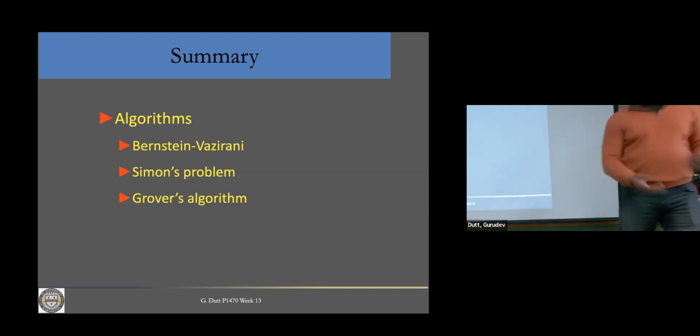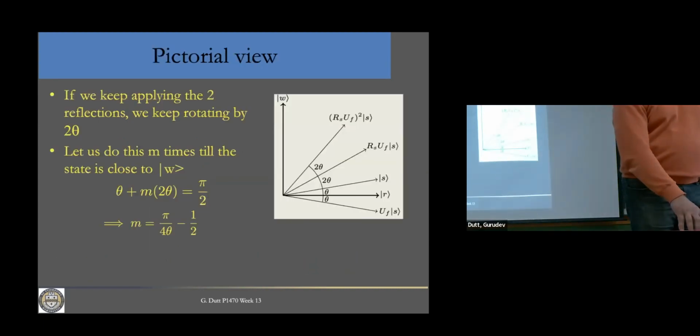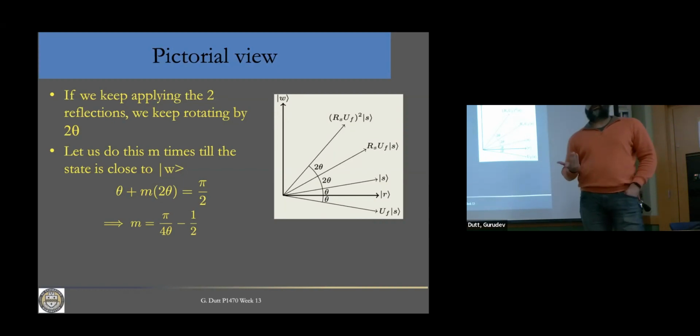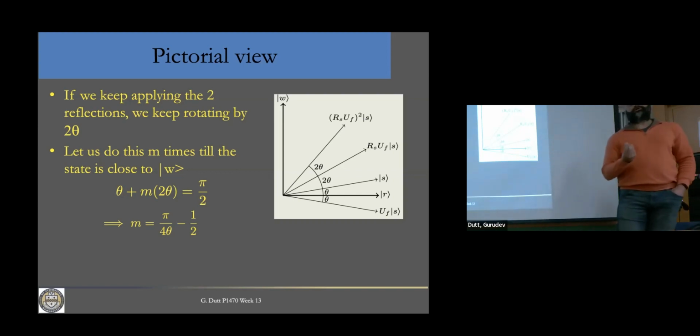Because as you've seen, just simply querying the oracle in Simon's problem, I won't go back over it, and then trying to measure will not get you anywhere, because as you saw, it results in some uniform random state, and just looking at the output or the input qubits in that random state doesn't usually give you enough information unless you're clever. There has to be some structure in the oracle or in the problem that really gives you the speed up. So that speed up comes from some structure in the problem.